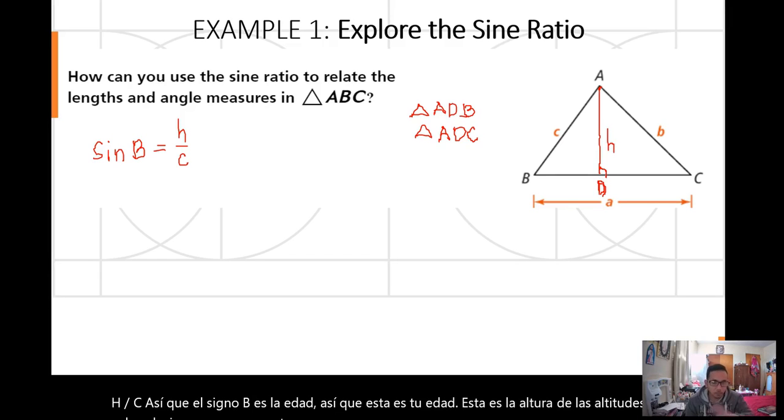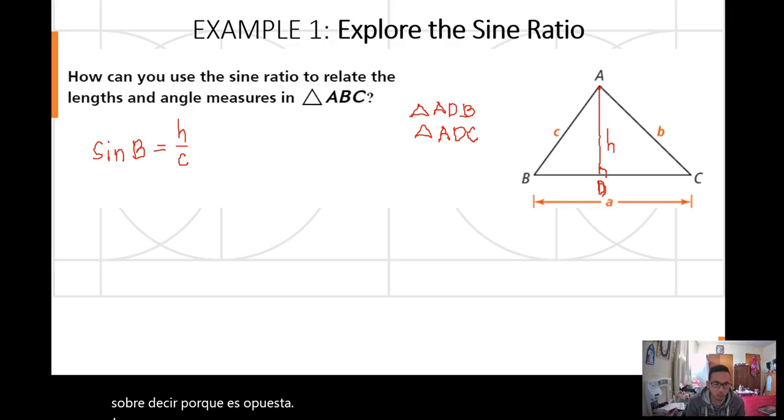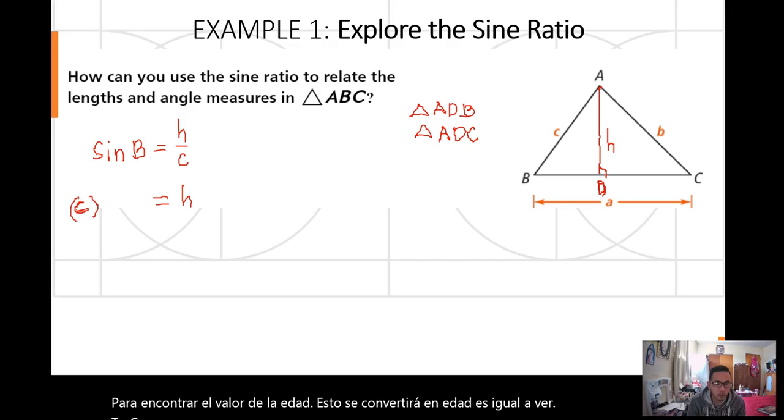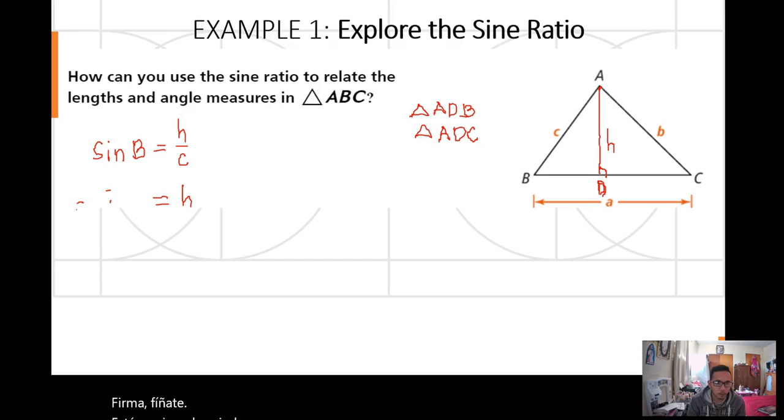And to find the value of h, h is equal to c multiplied by sine B. Sorry about that, guys, my pen is messing up.